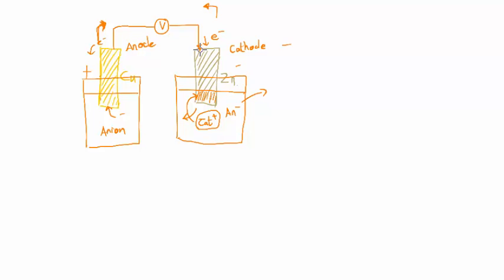But if I receive electrons, cations will be attracted to me, because I've got electrons, and cations are positively charged. They want electrons.